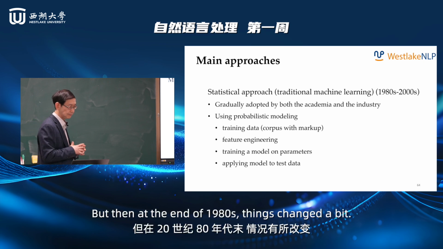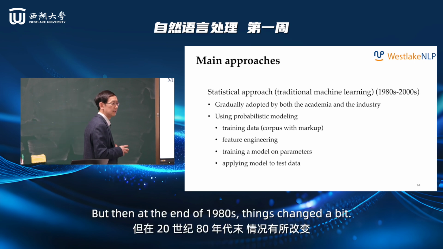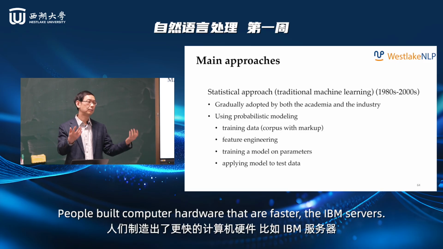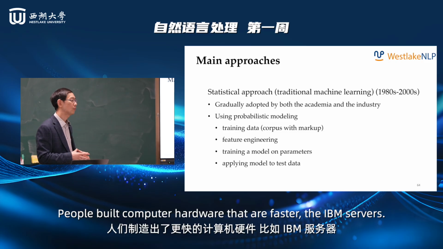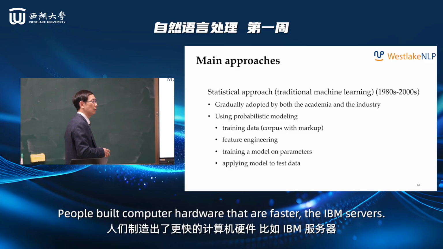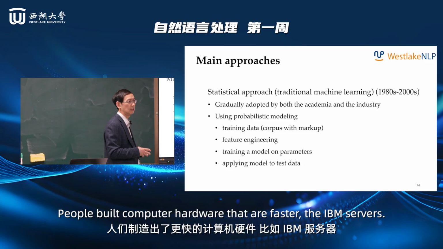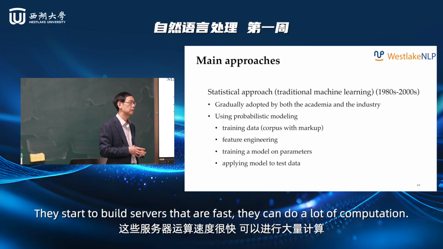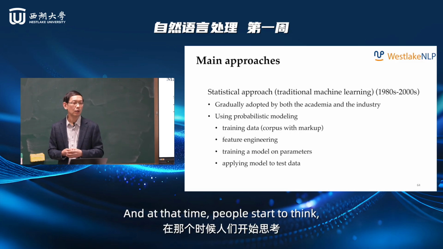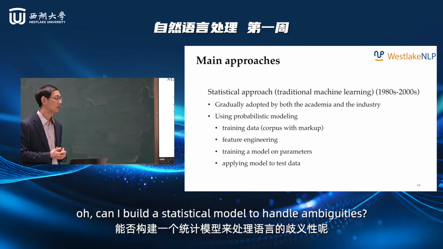But then, at the end of the 1980s, things changed a bit. People built computer hardware that was faster. The IBM servers, right? They started to build servers that were fast, that could do a lot of computation. And at that time, people started to think, oh, can I build a statistical model to handle ambiguities?